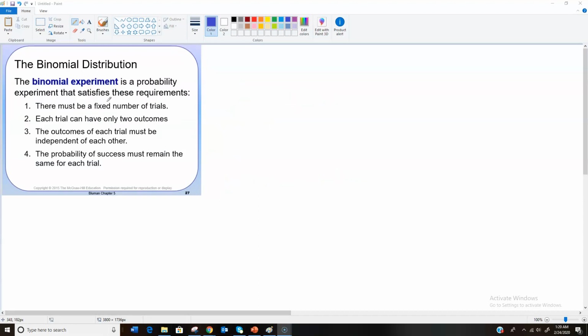So here are all the criteria where we can use the binomial distribution. We use a binomial distribution when we're trying to calculate the probability from a binomial experiment, and a binomial experiment has to meet all 4 of these requirements. So there has to be a fixed number of trials.